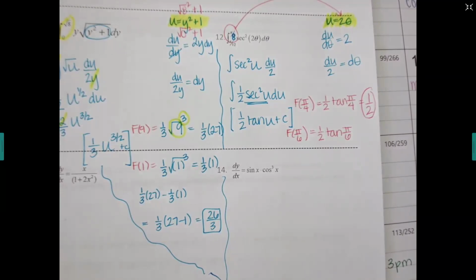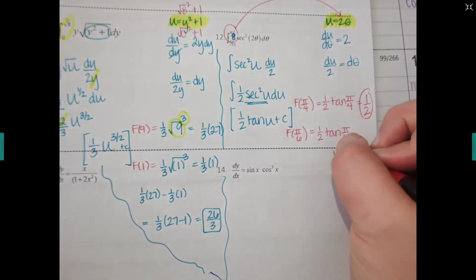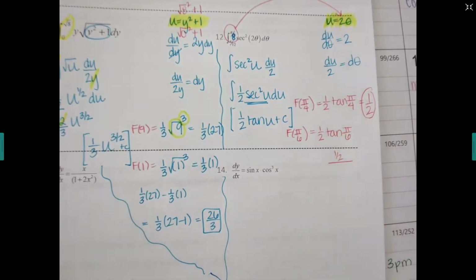Okay, now switch to your pi 6 finger. This is pi 4ths. Which one's pi 6? Ring finger right here, right? Sine on top for the division, divided by cosine on bottom. Where are my sine fingers on my hand? So it's 1/2, divided by cosine, which is the top fingers on my hand.